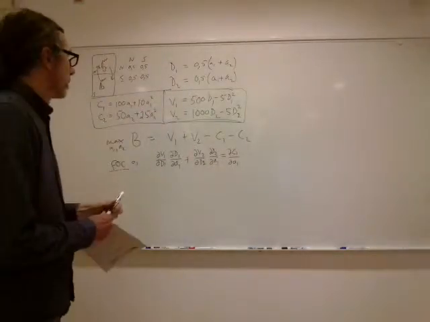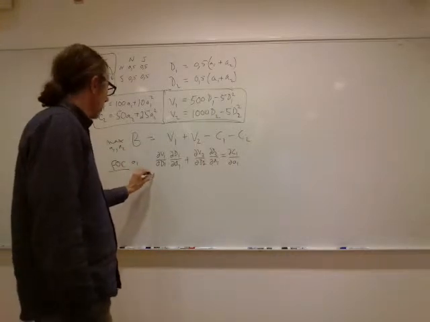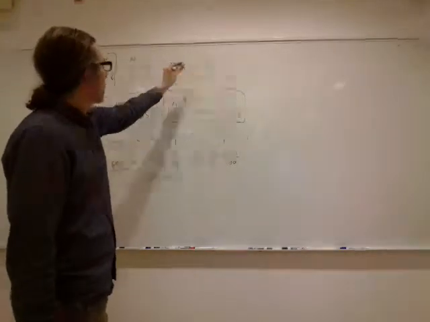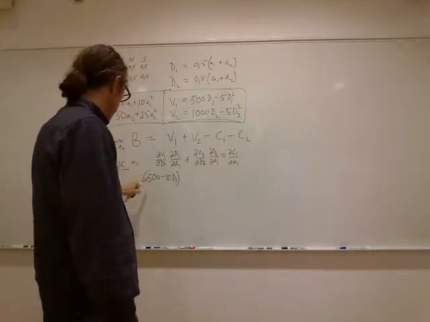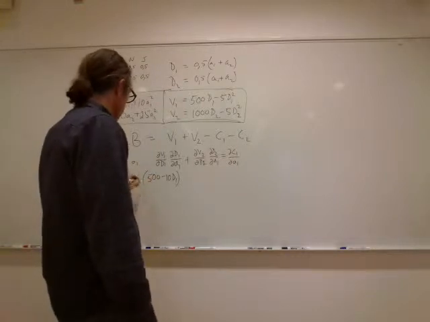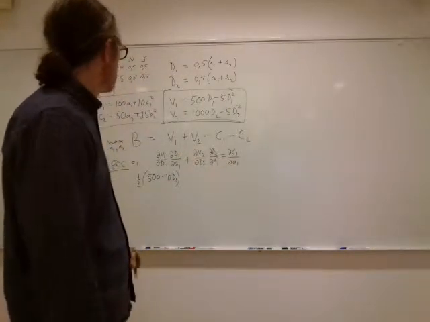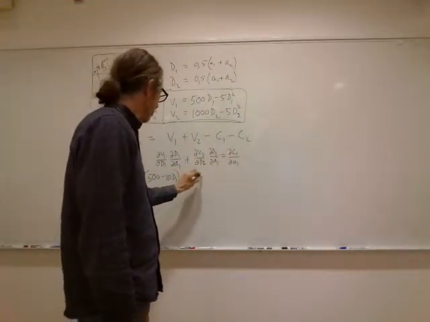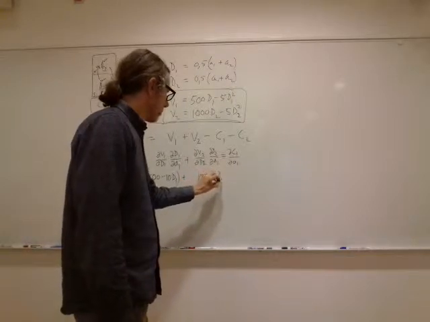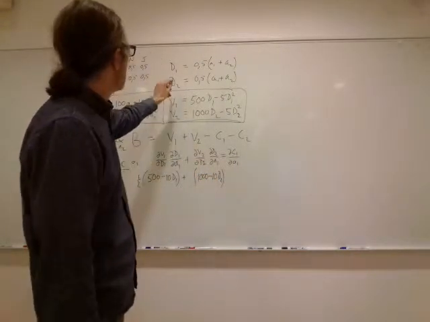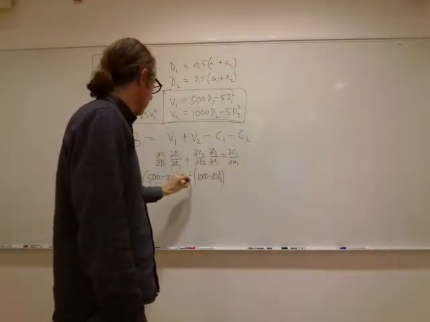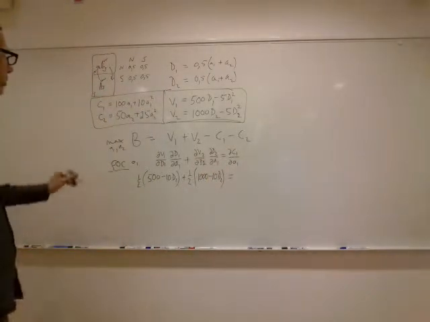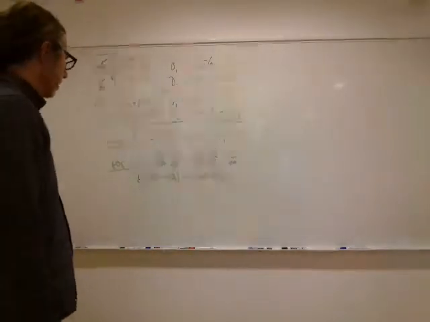So dV1/dD1 is 500 minus 10 D1, dD1/dA1 is half, dV2/dD2 is 1000 minus 10 D2, dD2/dA1 is of course half, and that should all be equal to dC1/dA1, which is 100 plus 20 A1.